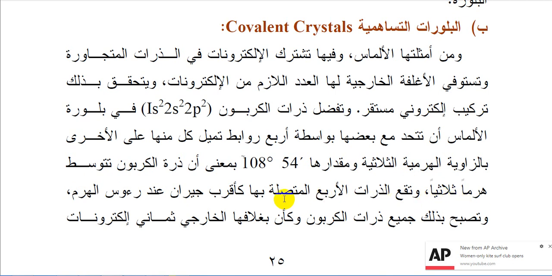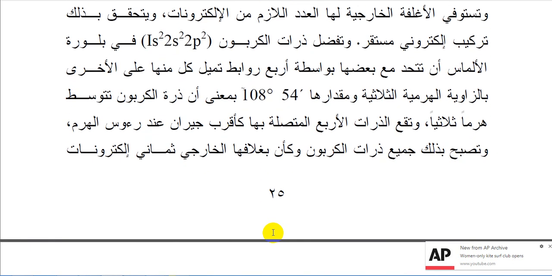And the other bonded atoms, not 4 here, 3 other connected atoms, as the closest adjacents will be at the pyramid vertices. Thus all the carbon atoms will possess 8 electrons in their outer shell.